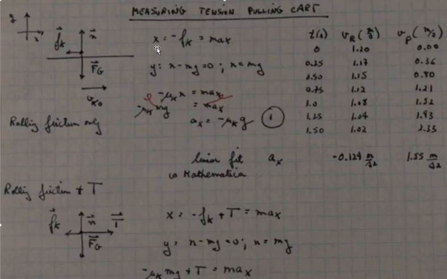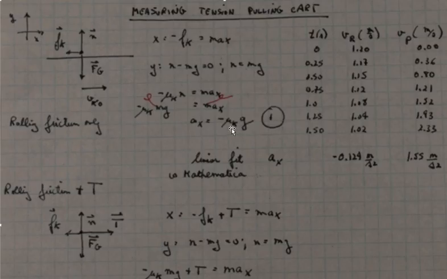The x component of Newton's second law is minus F sub k equals m times a sub x, and in the y component, n is equal to mg. Since F sub k is mu sub k times n, minus mu sub k times mg equals m times a sub x, and therefore a sub x is equal to minus mu sub k times g.